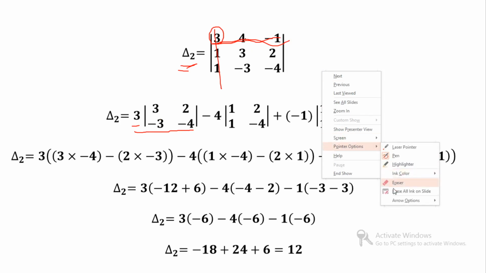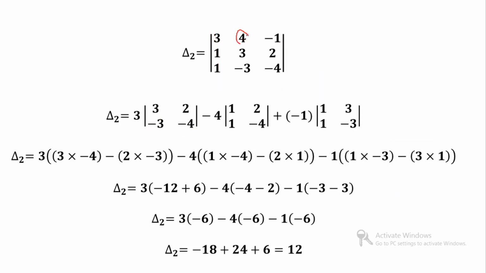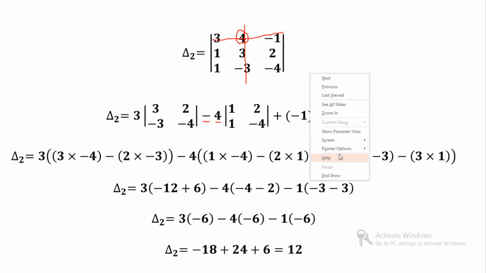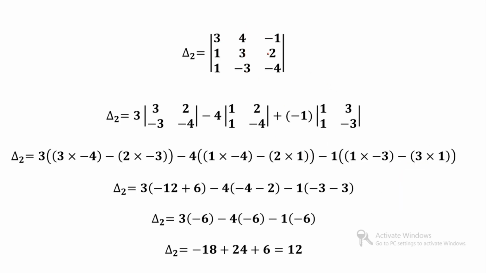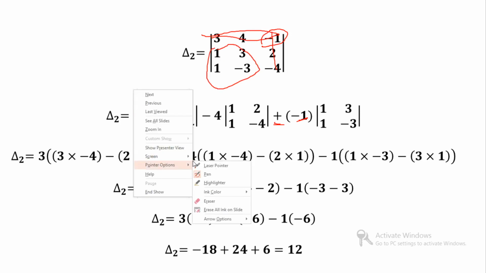Again for the second we will consider the plus 4, minus formula, minus sign is from formula, we will consider that 4, cancel out that row and column, so I will get 1, 2, 1, minus 4, so I will write again 4. Next again consider this minus 1, so plus sign is from formula, I will write minus 1, cancel out this first row and third column, so I will consider this 2 by 2 matrix, that is the 1, 3, 1, minus 3.